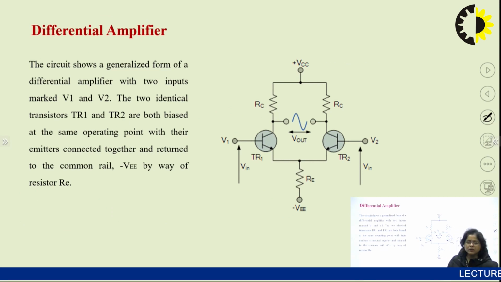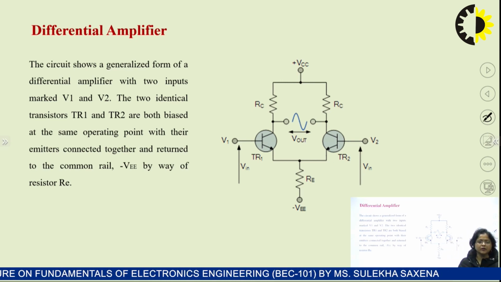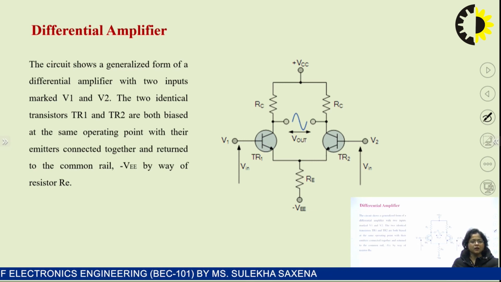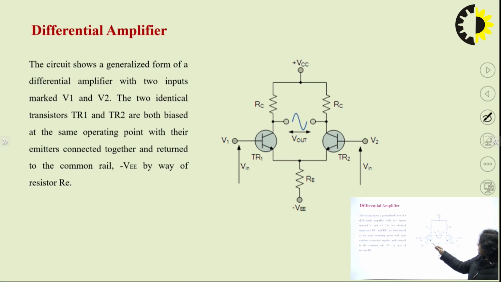Now moving towards the differential configuration or differential amplifier. This circuit is basically a BJT based differential configuration, which is internally used in op-amp for different stages. It consists of two common emitter BJTs with input at the base terminal.